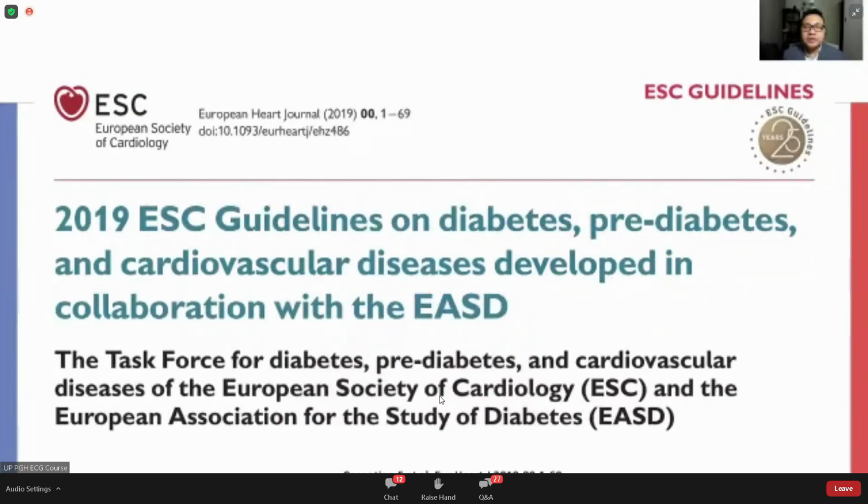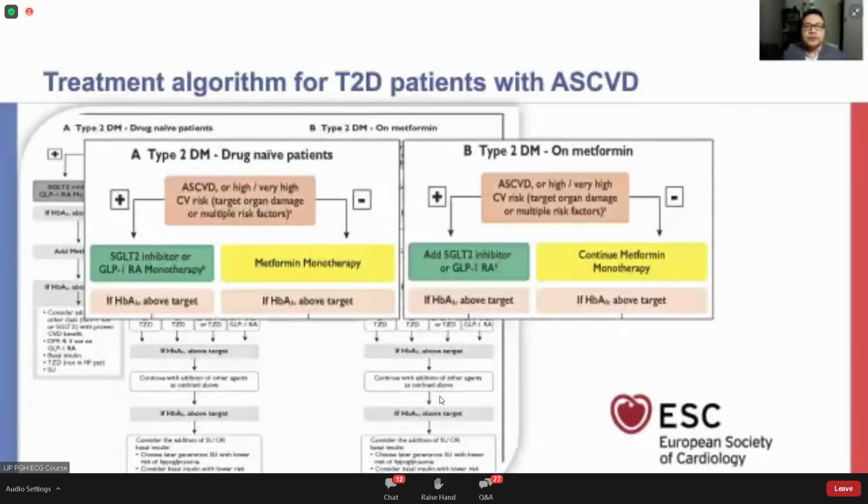In this new guideline, it states in the treatment algorithm that for drug-naive diabetic patients at high or very high risk, you should start them on an SGLT2 inhibitor or a GLP-1R agonist as monotherapy.